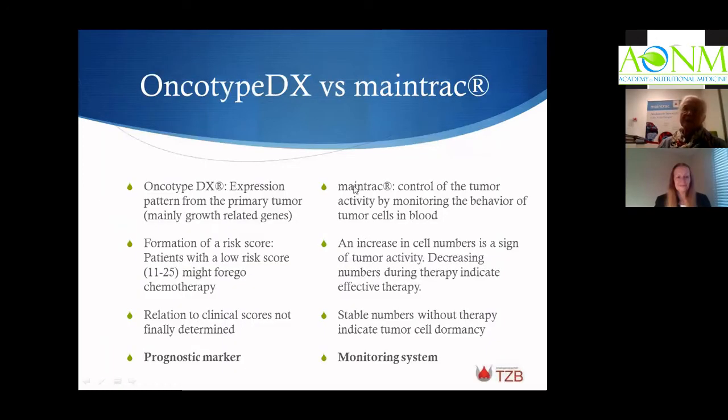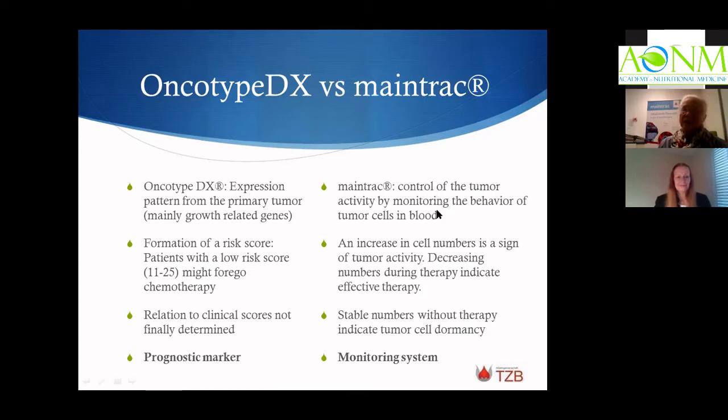Then there is a method called Oncotype DX, which perhaps many of you know, and which is used by some gynecologists. Oncotype DX looks for the expression pattern from the primary tumor cells.